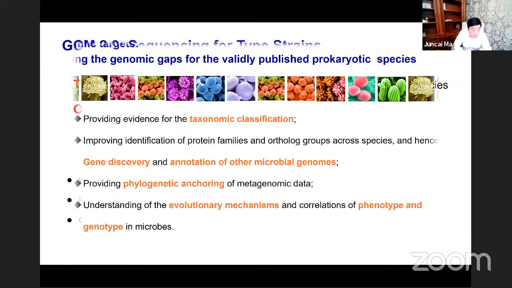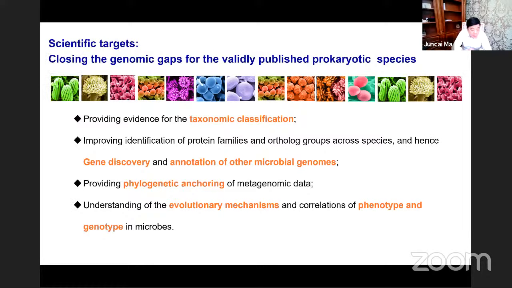Through this project, we want to provide more and more data and information for taxonomy science, and also for gene discovery and annotation, and so on. We also want to provide phylogenetic information for metagenomics data.